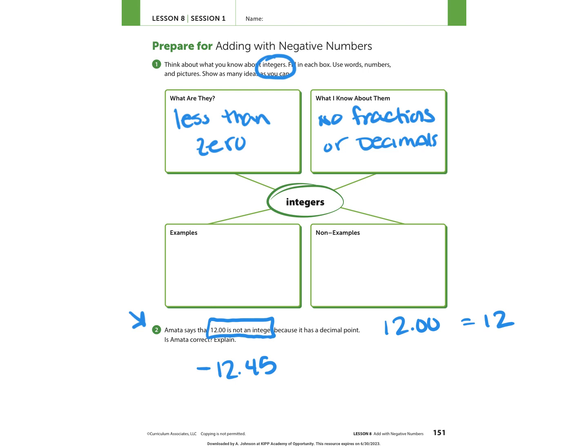Examples of negative integers would be -2, -5, -8, -10. Non-examples would be -0.54, -2/3, or a positive number, 5, 8, okay? These are negative integers. These are not.